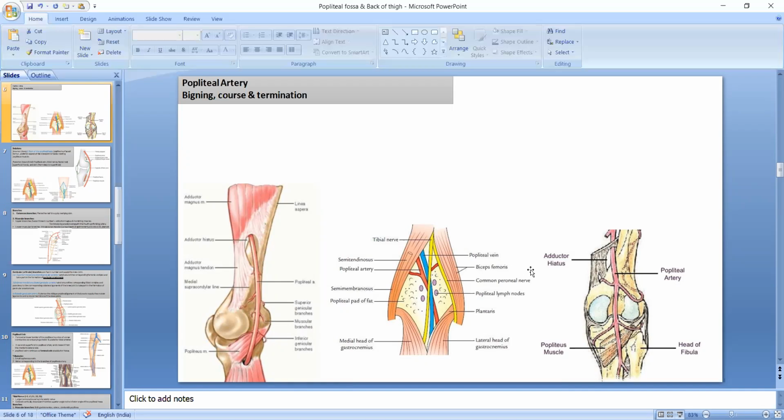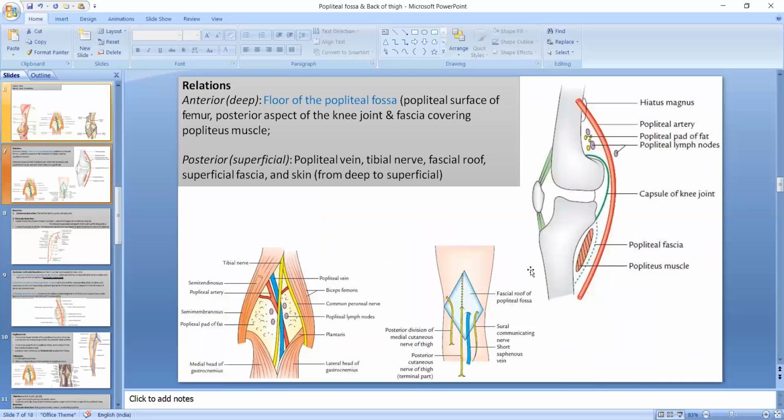The popliteal artery gives off five genicular arteries which supply the ligaments and capsule of the knee joint. These arteries are the superior medial and superior lateral, middle, and inferior medial and inferior lateral.